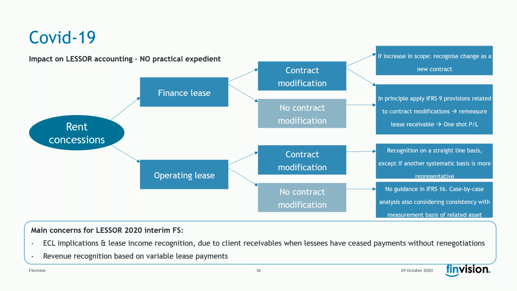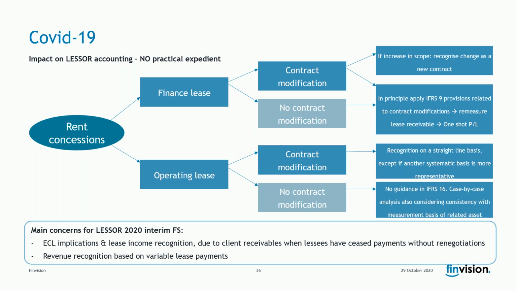It's not about applying or not contract modification, because a lessor can have contract modifications also independent from COVID-19, and they should have an accounting methodology in place to deal with them. So it should be easier for them to apply the normal accounting.